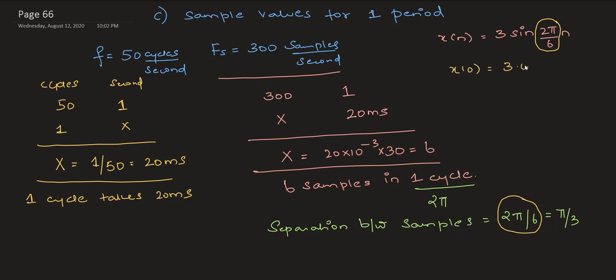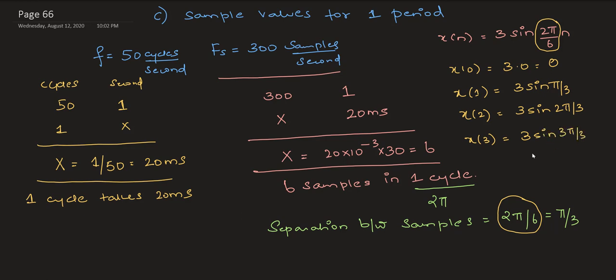You can just find by substituting n is equal to 0, 1, 2, 3, 4, 5. Good. So that is how you calculate sample values in one cycle or one period or 0 to 2 pi interval, because when I say one cycle we are talking of from 0 to 2 pi for your sinusoid.